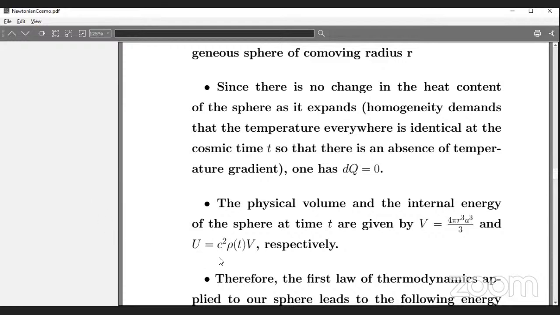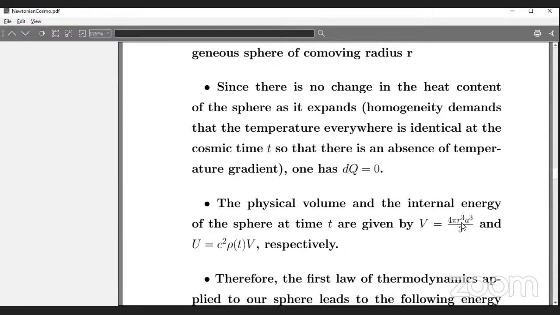And therefore, the energy density of the spherical ball is the mass density rho of t times c squared at time t. The total internal energy of the spherical ball is rho of t times c squared, the energy density, times the volume of the sphere.